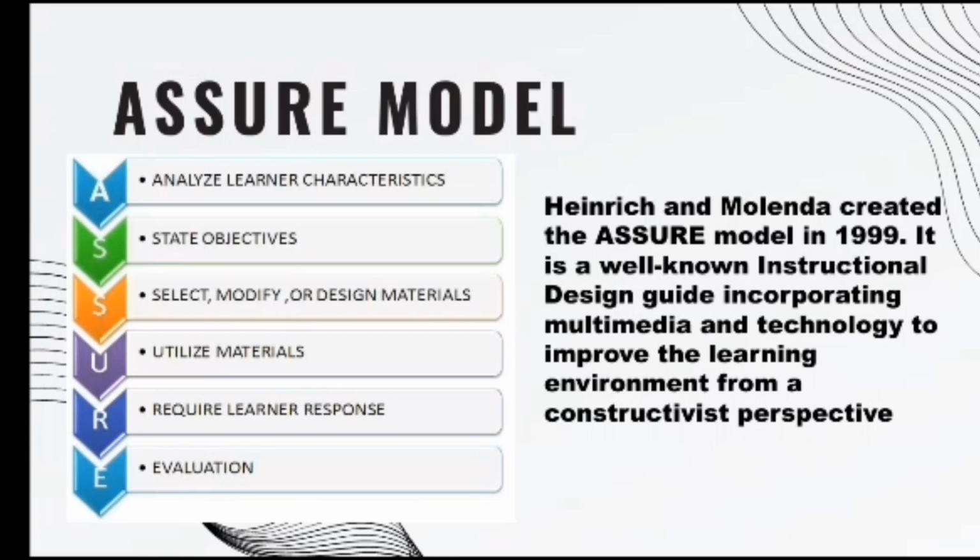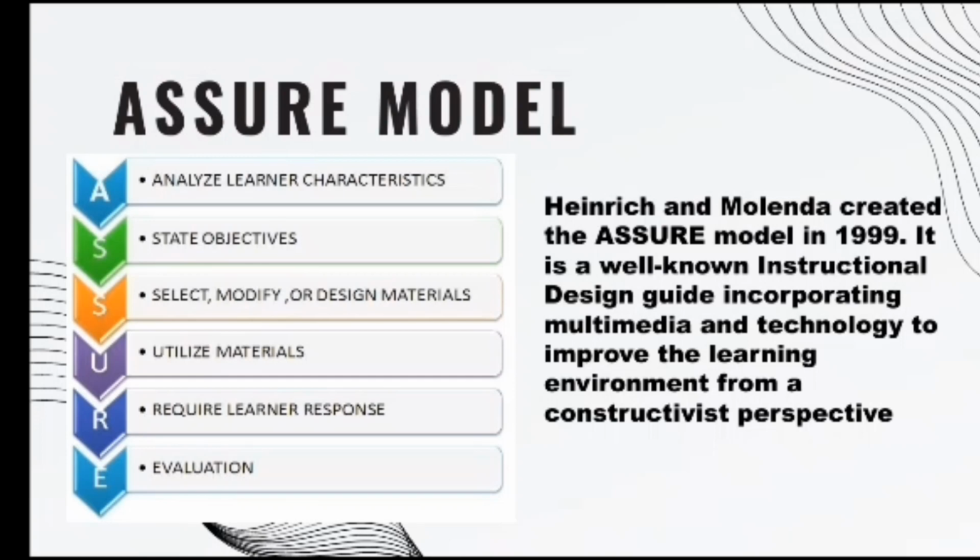The next one is require learner participation. This step actually belongs within earlier steps. It requires that you make plans for how you are going to actively engage your students in the material that you are teaching. This needs to be figured out both at the class level and the individual level.